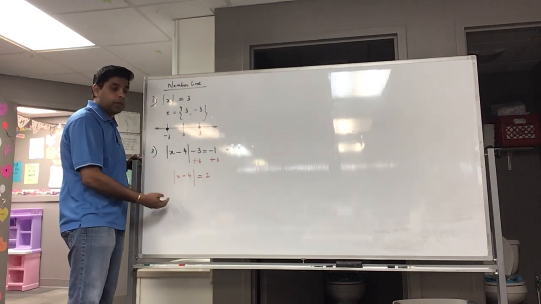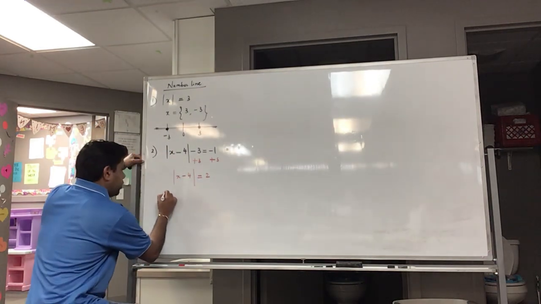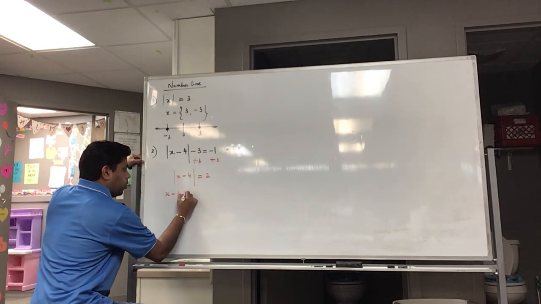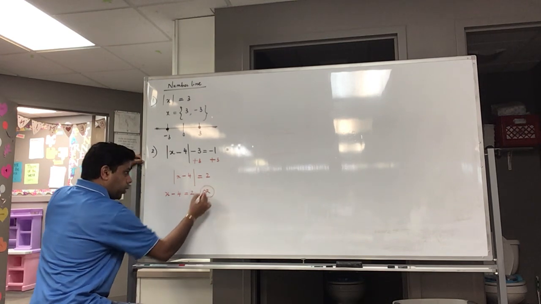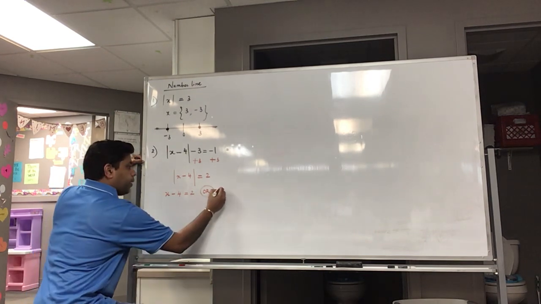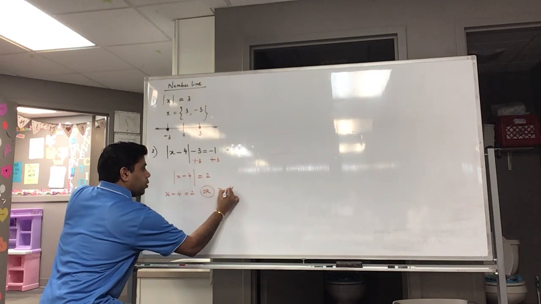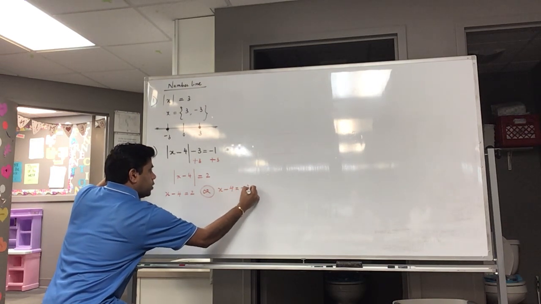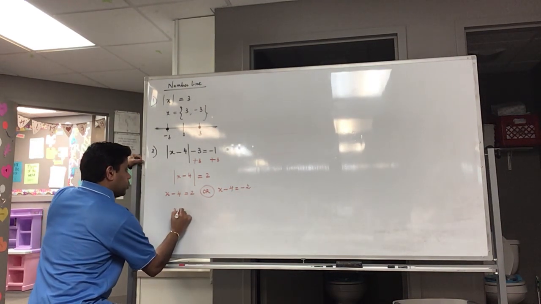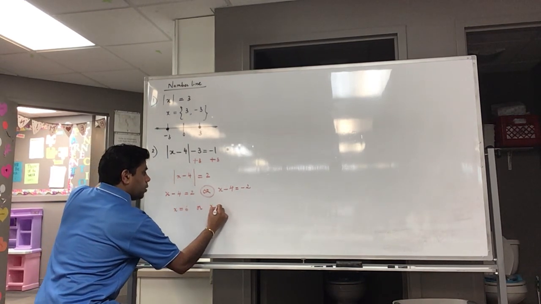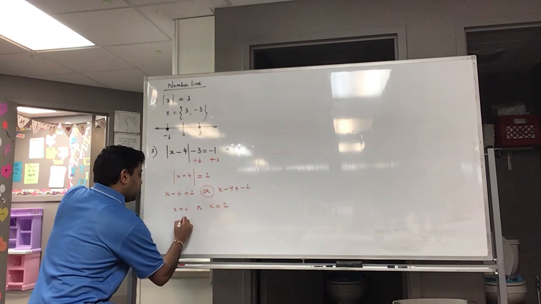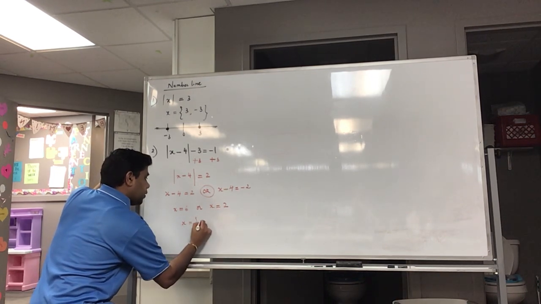Of course it's possible in this case. So x minus 4 is equal to 2, or, very important, x minus 4 is equal to -2. So x is equal to 6, or x is equal to 2. So the answer is 2, 6.